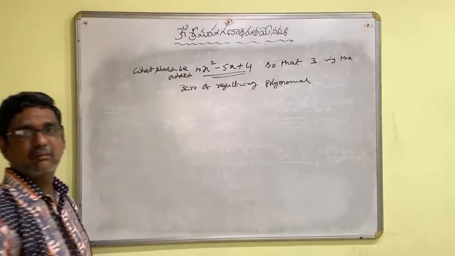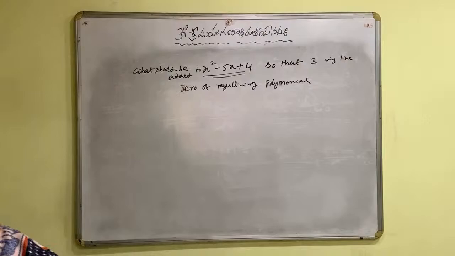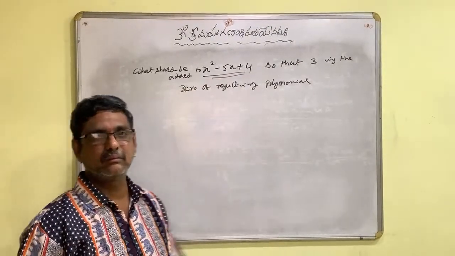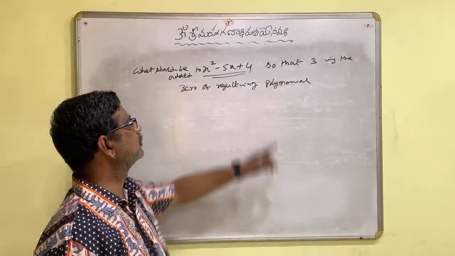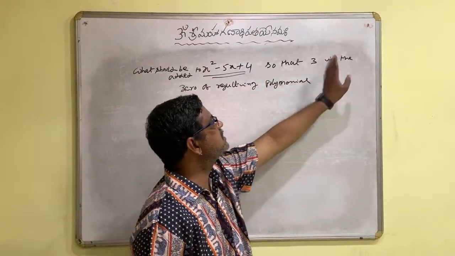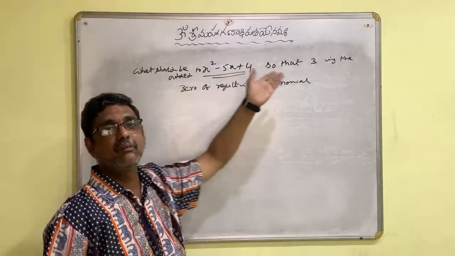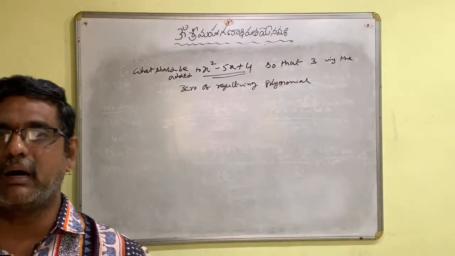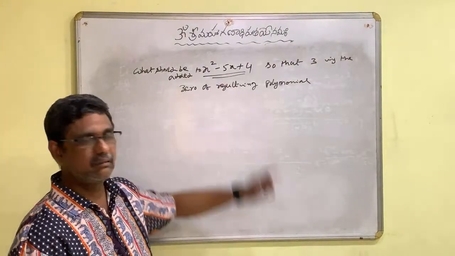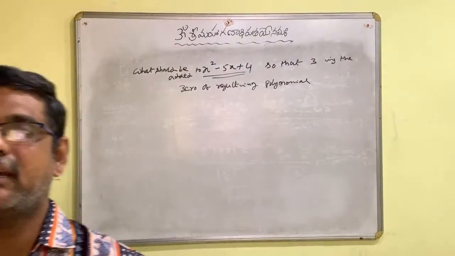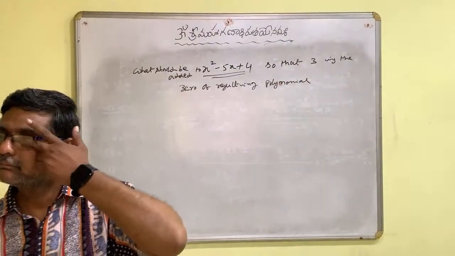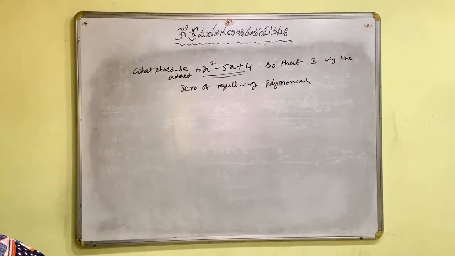What should be added to this polynomial? So that 3 is a zero of the resulting polynomial. Means after adding that number to this, we will get another polynomial, and for that polynomial 3 is a zero. So how much do we have to add?